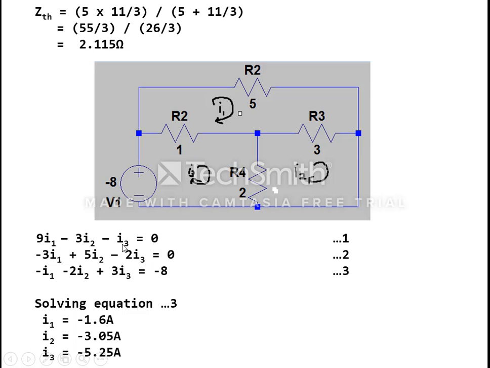And for the third equation, you get minus I1 minus 2I2 plus 3I3 is equal to minus 8. When you solve these three equations, you get the values I1, I2, I3. Quite a straightforward question, and you should be able to solve it on a calculator, which is very useful for you at the time of examination.